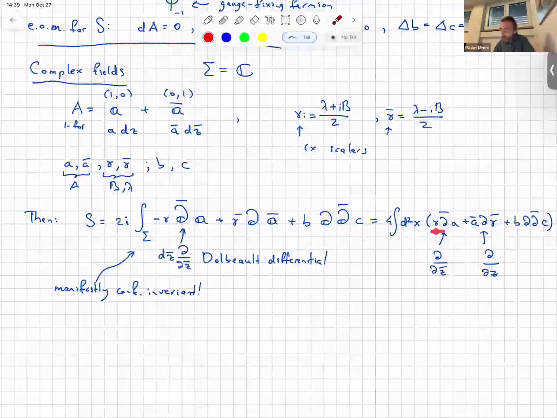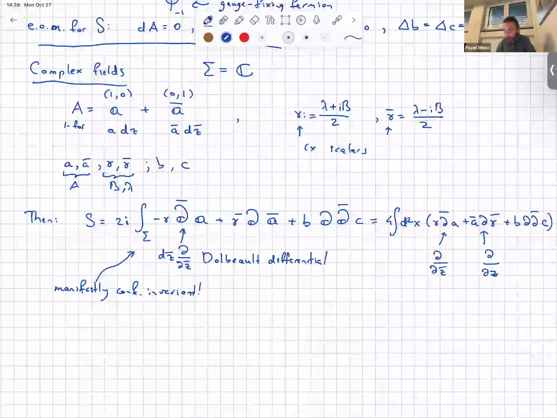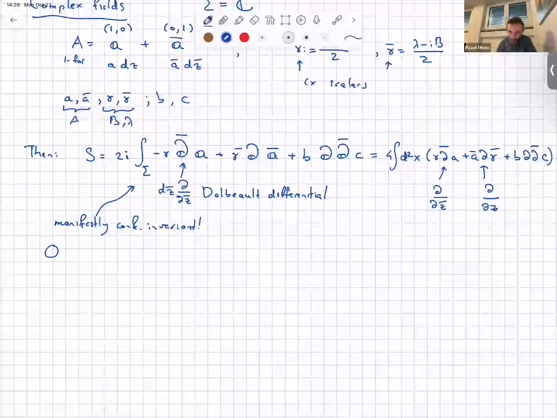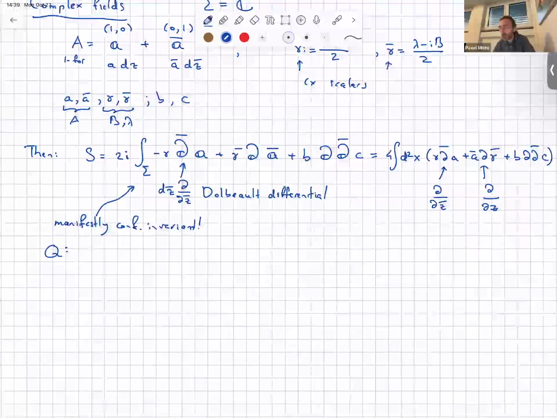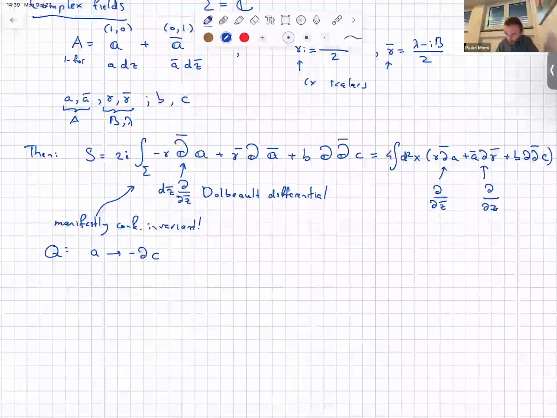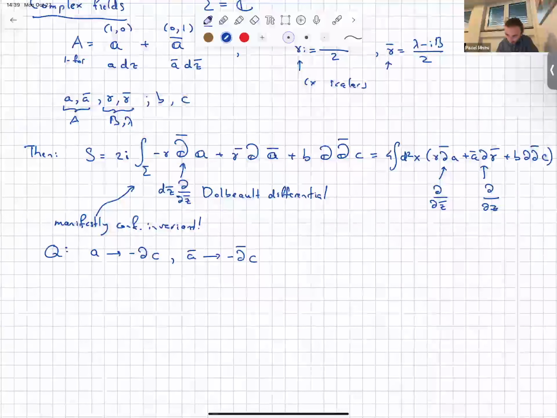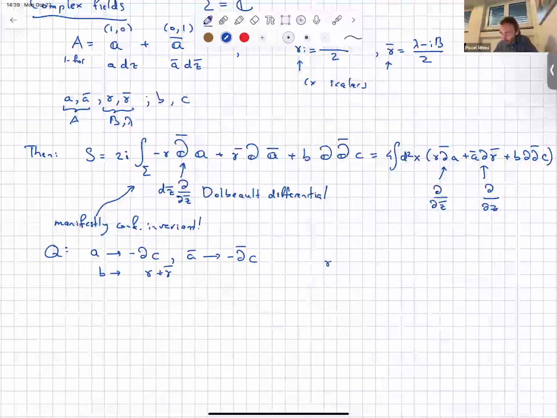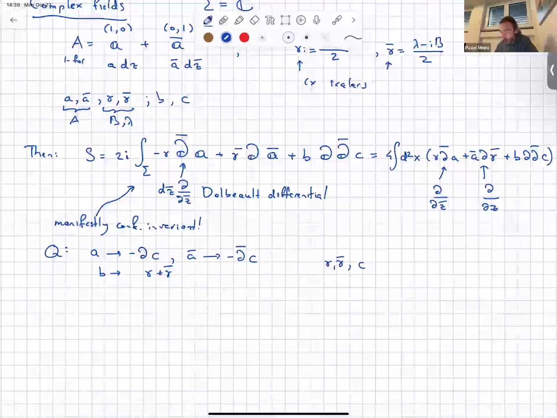These look like 3 non-interacting field theories, but they do talk to each other, in a subtle way, not in the action. They talk to each other through the operator Q. If I write the operator Q in these new variables, then it sends A to minus del C, A bar to minus del bar C, and B to gamma plus gamma bar, and the other fields are mapped to 0.